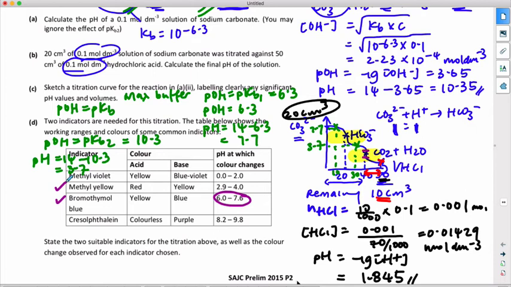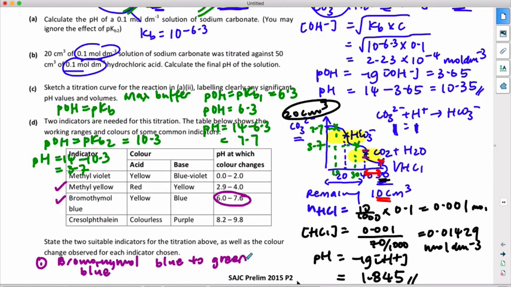The color change when you use bromothymol blue for the first equivalence point: it changes from alkaline to acidic, so you must say it changes from blue to green. Green is a combination of yellow and blue.